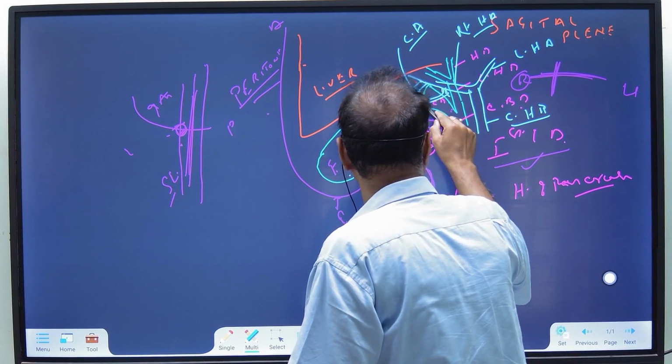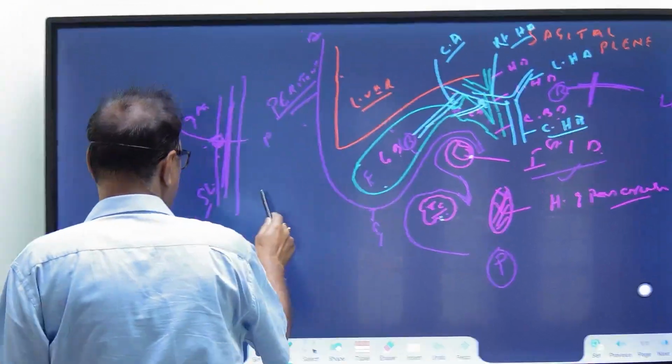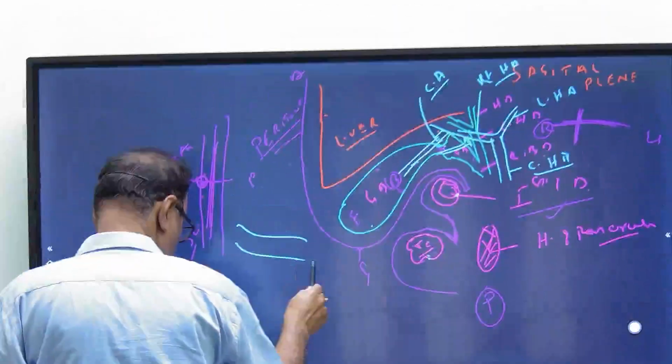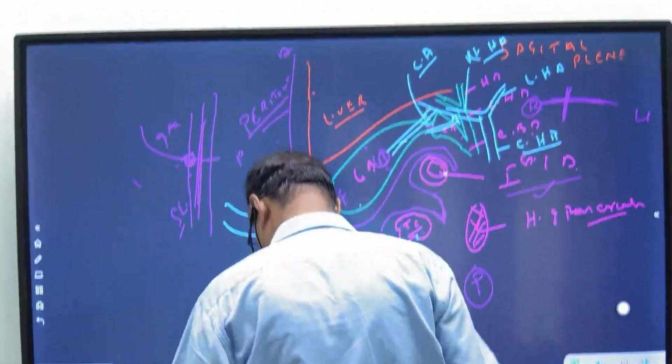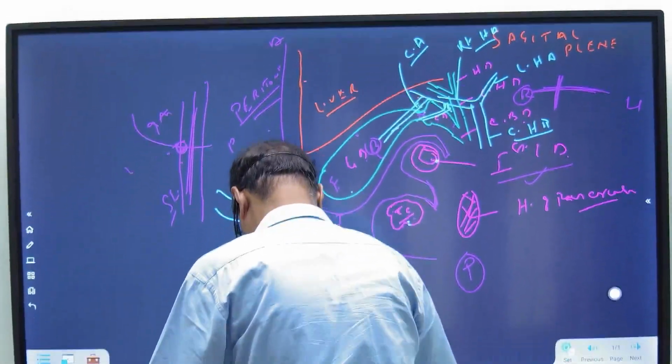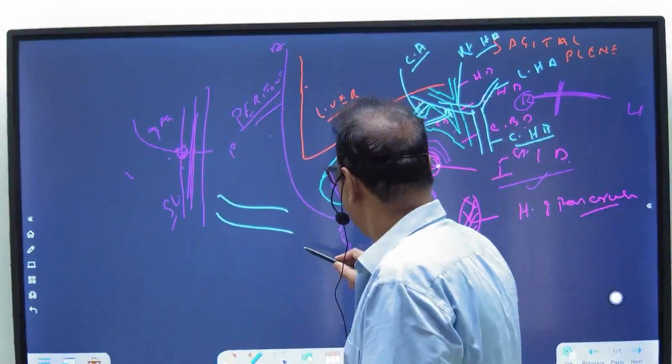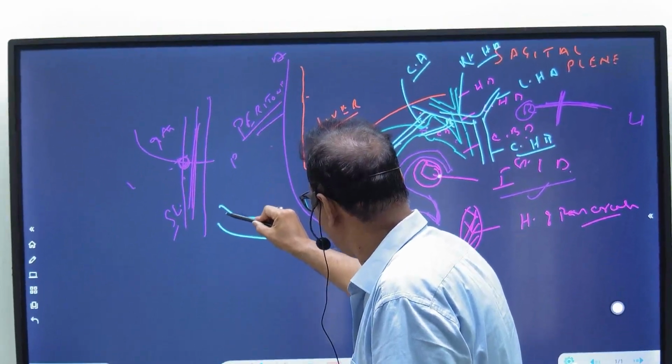Now the mucous membrane of the neck is folded spirally.